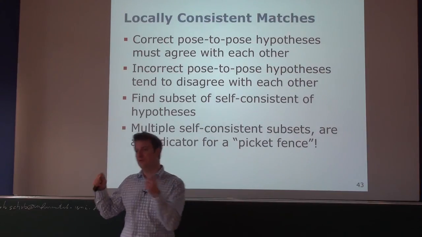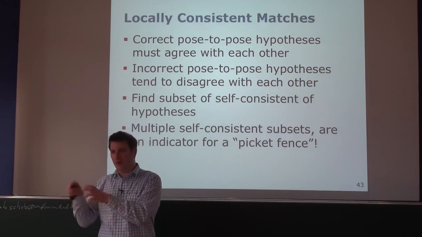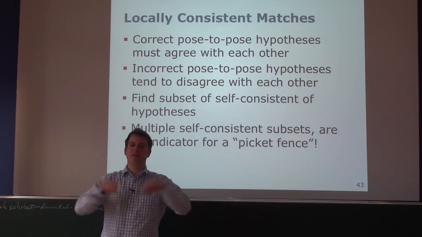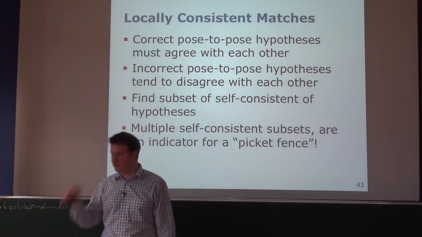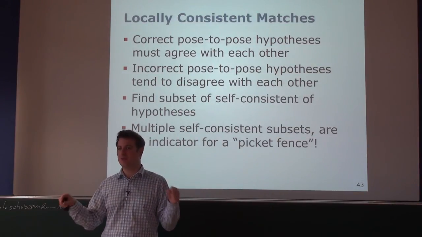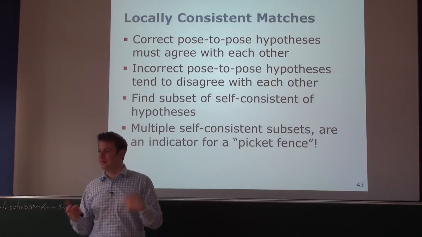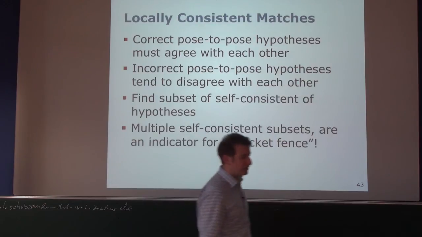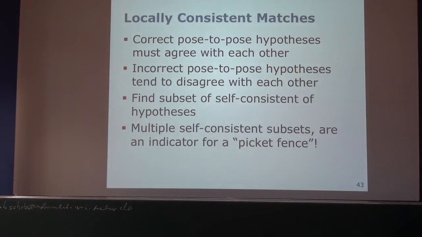But maybe I find two groups where within the group they all agree with each other, but not between the groups. So between group 1 and group 2, we say there is a different transformation between the poses of the sensor, but within a group they all agree. And this is one of those situations which is an indicator for this picket fence problem.